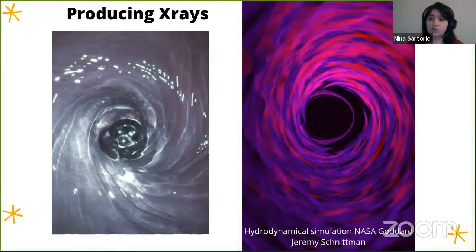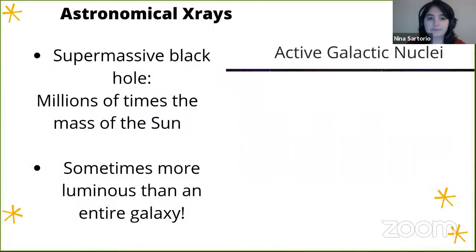And because this material is very hot, it can emit very energetic electromagnetic radiation, which is in the form of X-rays. So that's how those objects emit X-rays: by accreting a lot of matter and heating up that matter so that it emits X-rays.